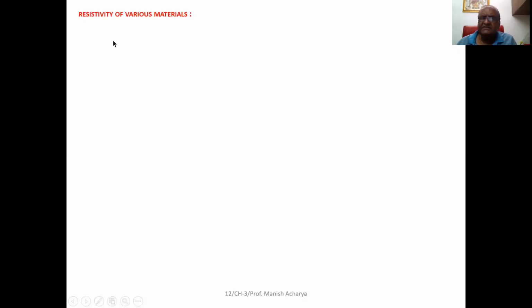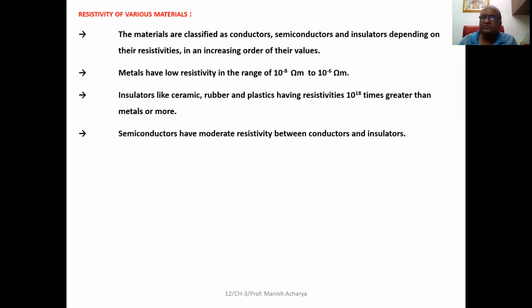Now, resistivity of various materials. So see, we know this thing, the materials available in nature are classified in three categories as far as the resistivity, or we can say conductivity, of the substances is concerned.